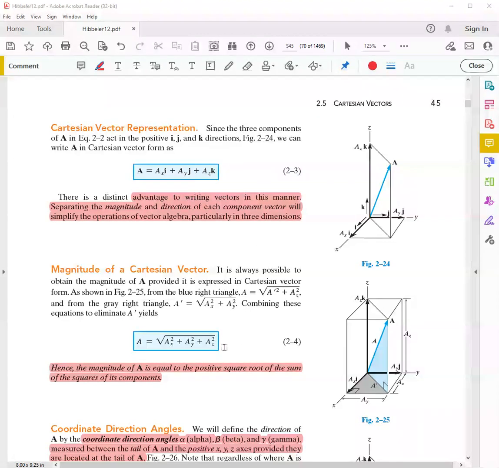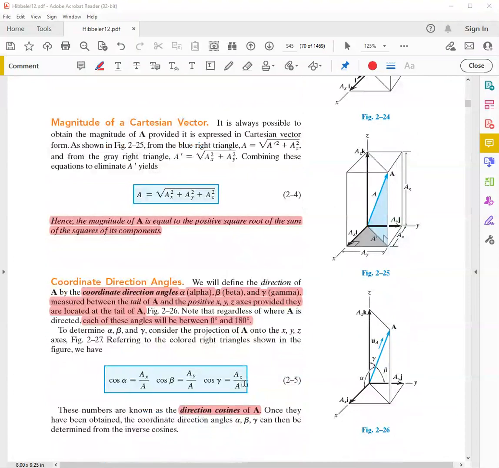If we are interested in the magnitude given the projections over x, y, and z axis of a 3D reference frame, you get it applying essentially a Pythagorean theorem type law.